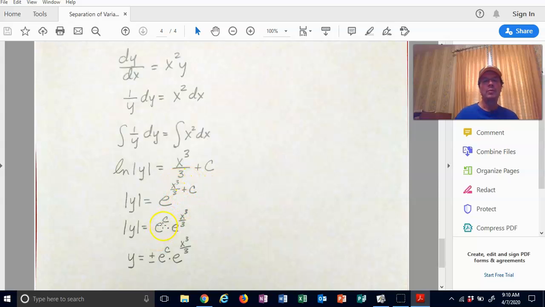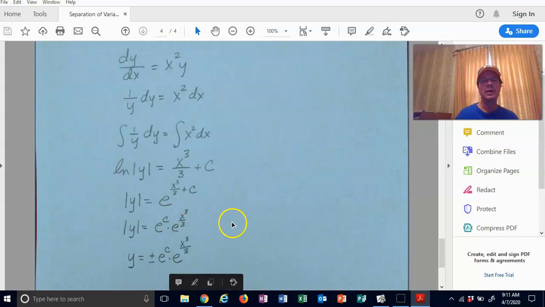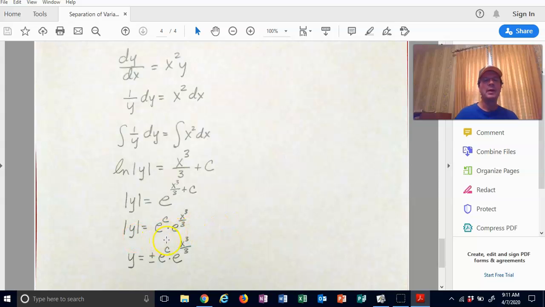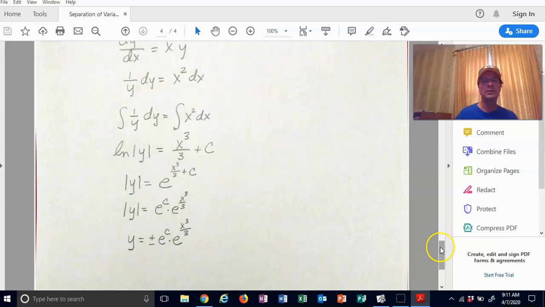All right. The reason why I do that is because e to the c is really just some other constant. e is a number, c is going to be some number, I just don't know what it would be. I don't have any initial conditions. And so that's what I have here. Now, the one slightly tricky thing to look at here is the absolute value of y. Without knowing any other information, I don't know whether y is going to be positive or negative.